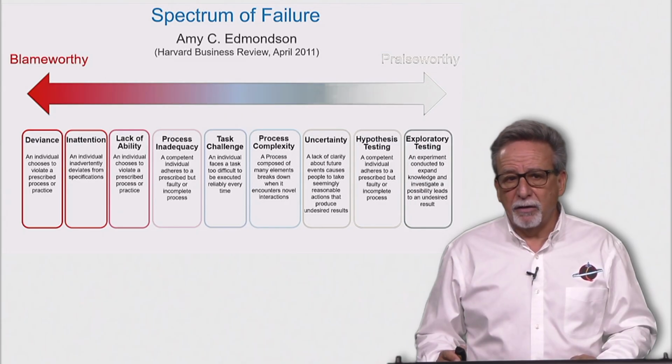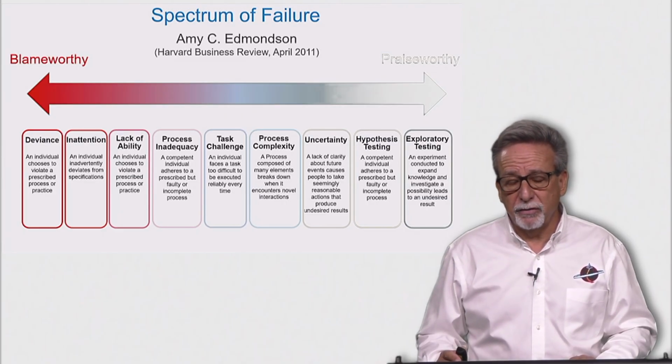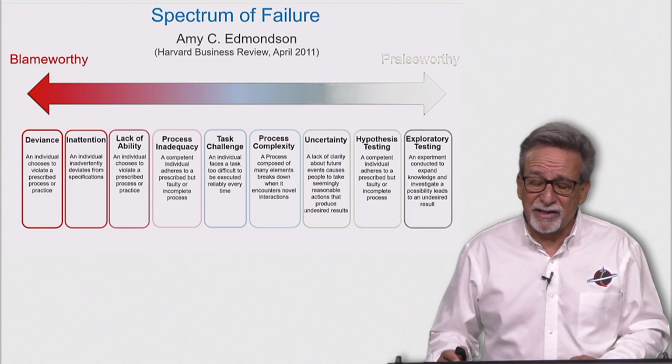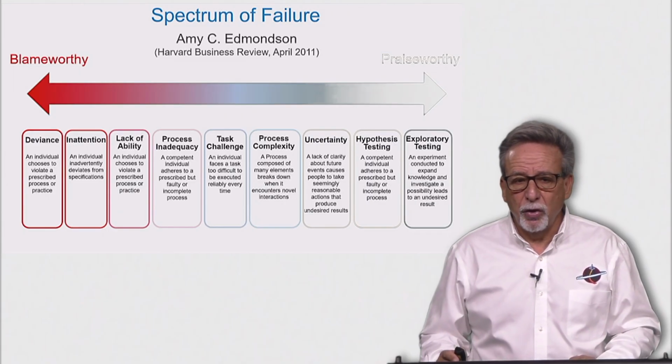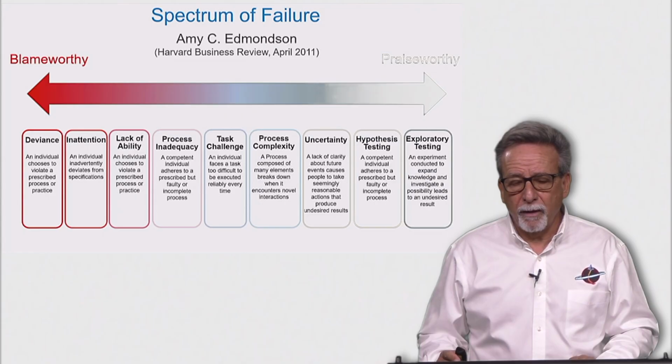At one end of the scale, you have blameworthy, where an individual chooses to violate a prescribed practice or process. Inattention is next, and it occurs when an individual inadvertently deviates from specifications. Lack of ability is next, and it's described when an individual does not have the skills, conditions, or training to execute a particular job.